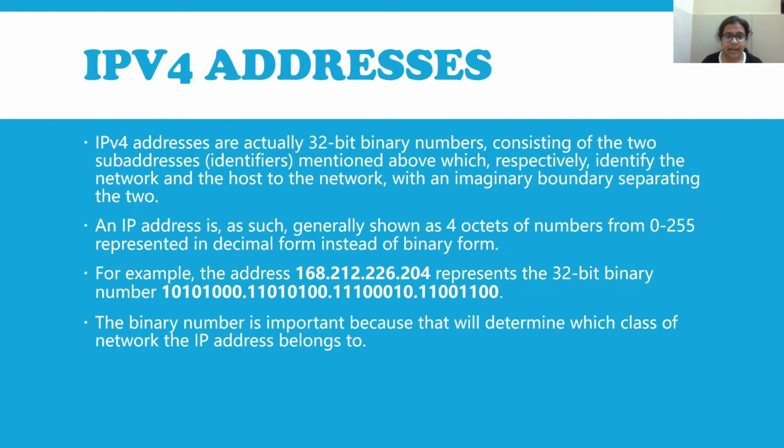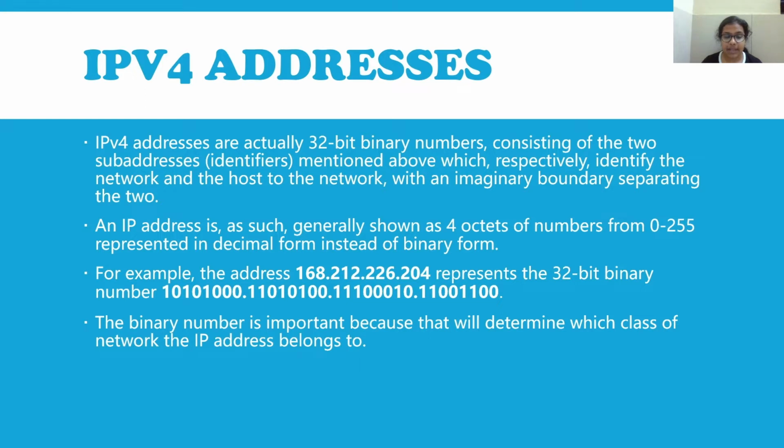Let us see some IPv4 address points. IPv4 addresses are actually 32-bit binary numbers consisting of two sub-address identifiers mentioned above, which respectively identify the network and the host to the network, with an imaginary boundary separating the two. An IP address is as such generally shown as four octets of numbers from 0 to 255 represented in decimal form instead of binary form.